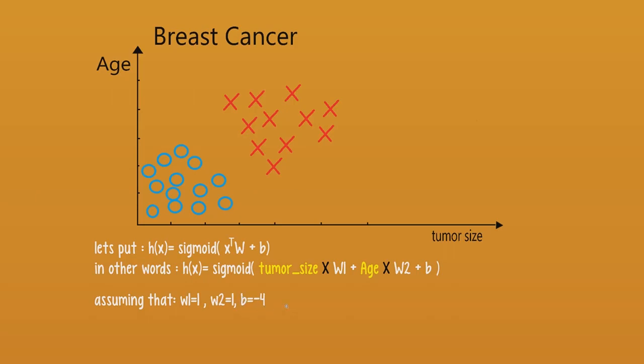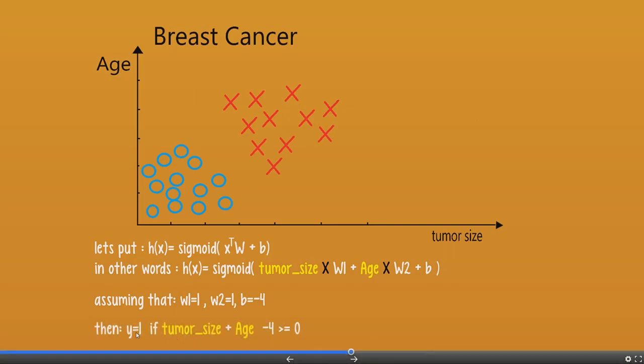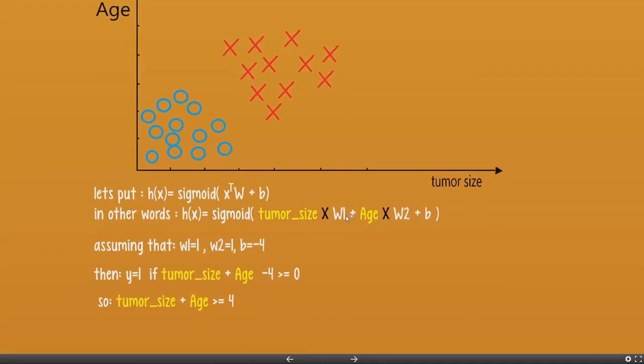That means y equals 1 if tumor size plus age, because w1 is 1 and w2 is 1 also, minus 4 is more than or equal to 0. In other words, tumor size plus age is more than or equal to 4.